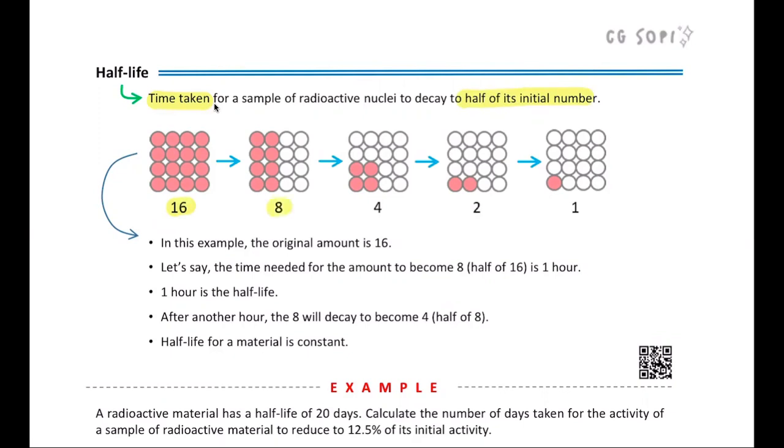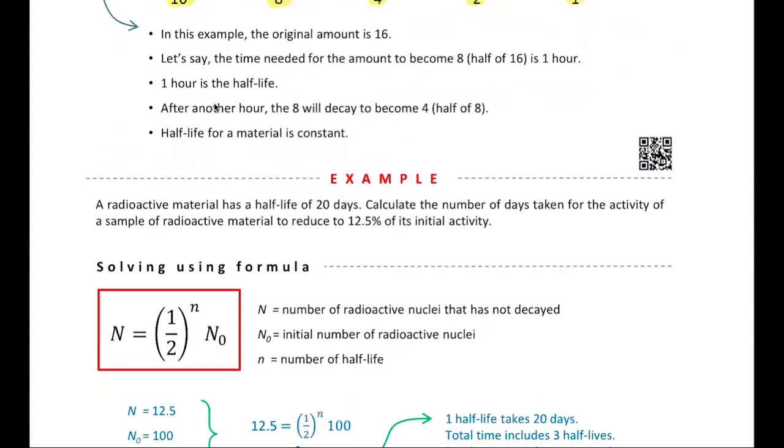Another half-life, you divide it by 2, becomes 4. Another half-life, it becomes 2, and then another half-life, 2 divided by 2 becomes 1. Okay, so that is the basic calculation for half-life. Now let's try and do these questions here.